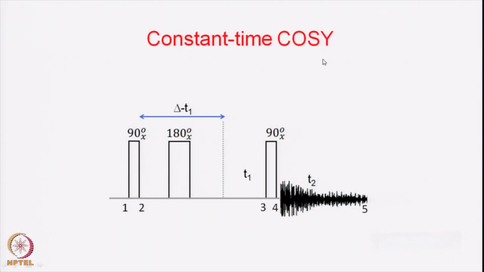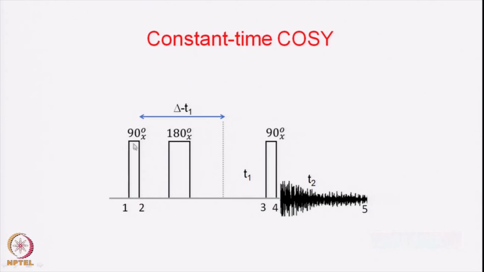Now we go forward to explore other 2-dimensional experiments, and the one which comes most important, which is used in many different kinds of multidimensional experiments, is called the constant time COSY. And the pulse sequence for that is indicated here. So you start with a 90° X pulse, it could be a 90Y, it does not matter.